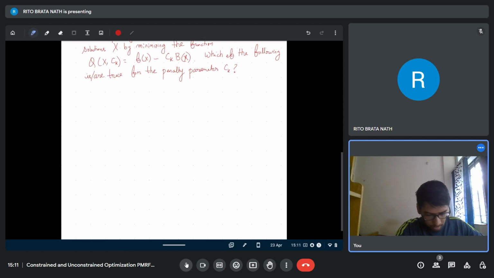Okay, so I'll write down the options. First is that ck are non-negative and monotonically increasing. It depends on the sign, and whether it's monotonically increasing or decreasing.